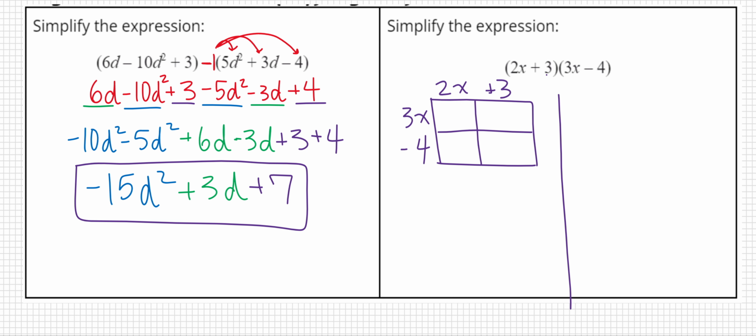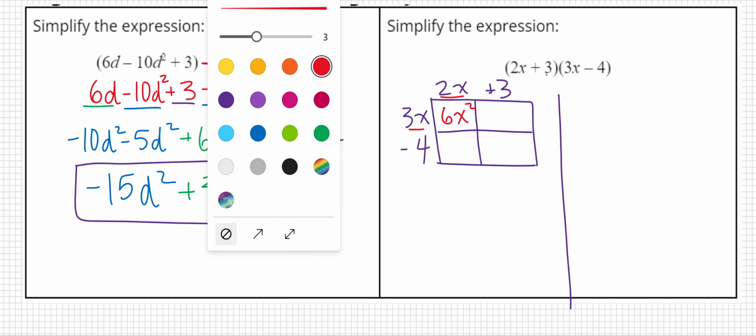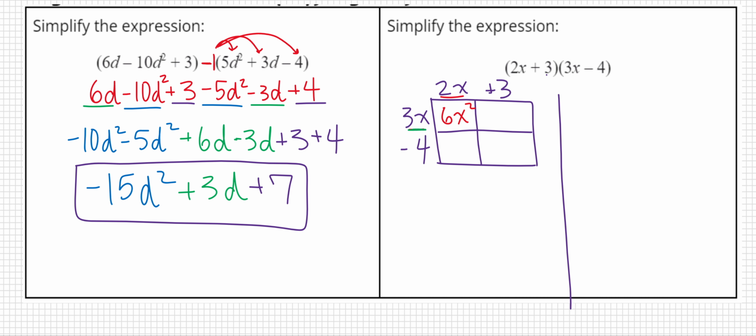Then I multiply the term on the left with the term that's up top to get the first square. So 3x times 2x: 3 times 2 is 6, x times x is x squared. Next, I'm going to multiply 3x times the positive 3 to get the top right square. So 3 times 3 is 9, and I still have an x.